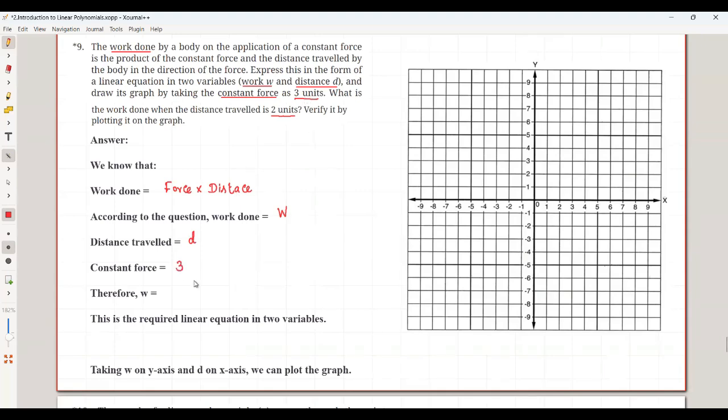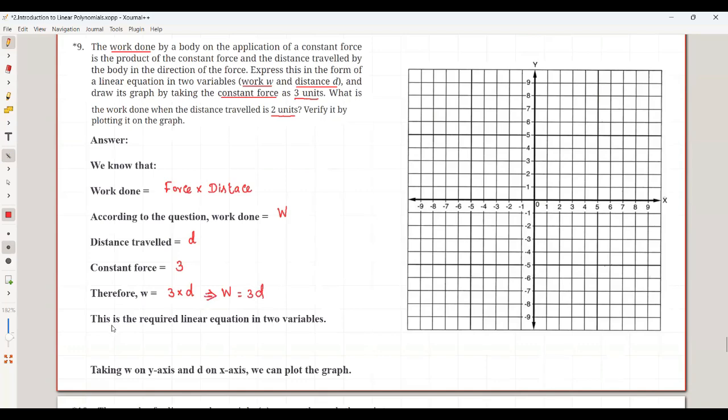Therefore, just apply it in the formula. Work done is equal to force, which is given as 3, into the distance D. Therefore, work done, W is equal to 3D.